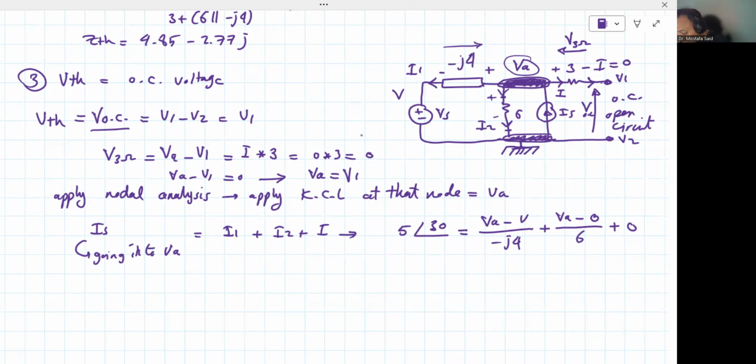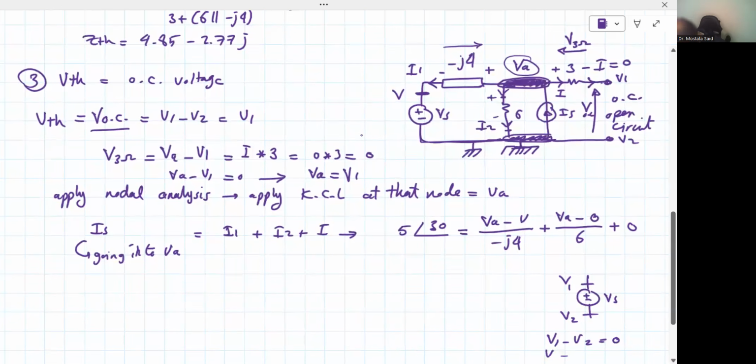Good, we don't need to care about it. It is 0. Now what is V? If you have a voltage source like that, what does the voltage source do? It raises the voltage of its positive terminal above the voltage of the negative terminal by the amount of the voltage source. That means if this is V1 and this is V2, then V1 minus V2 equals Vs. I'm sorry, mistake here.